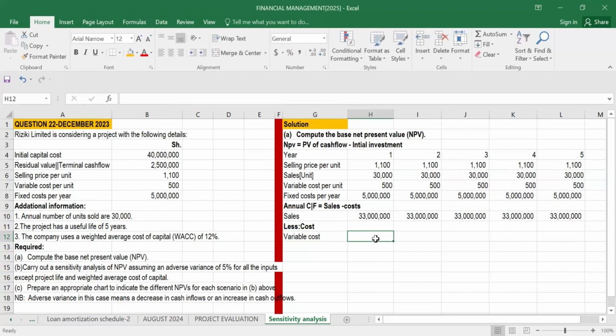How do we compute this? The variable cost will be equal to the variable cost per unit, this one, times the number of units produced and sold, that is this one. Then we apply our formula across. That will not change.